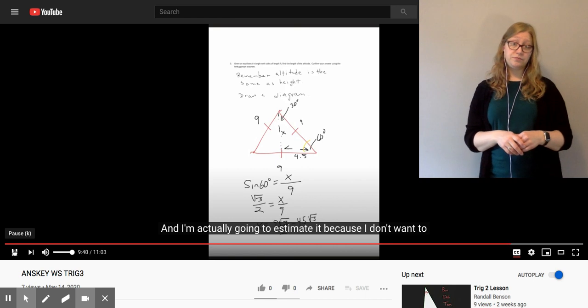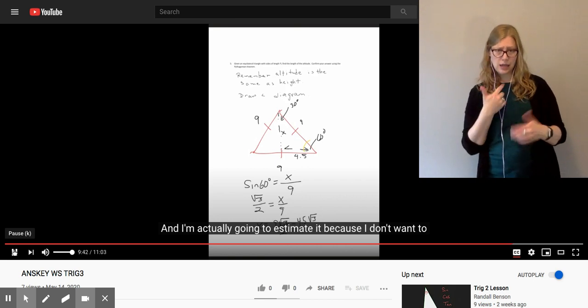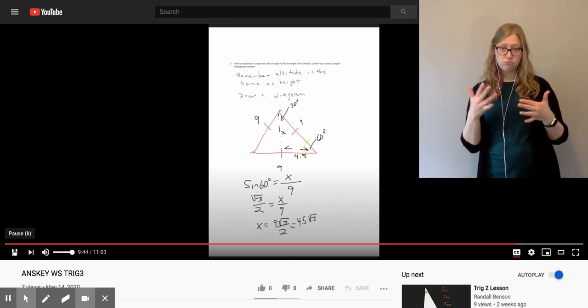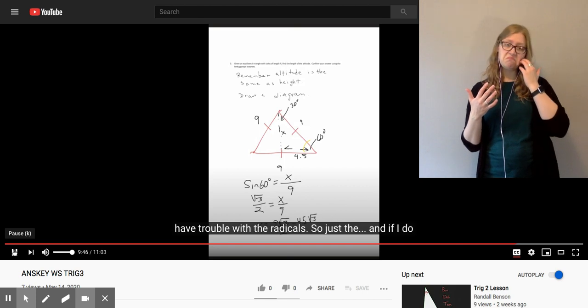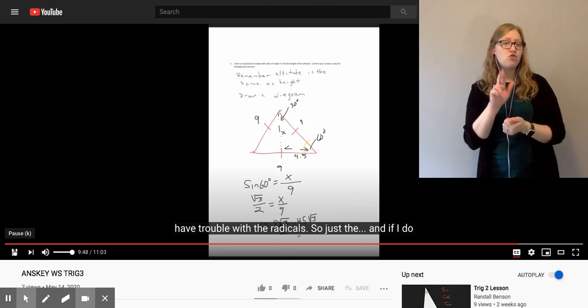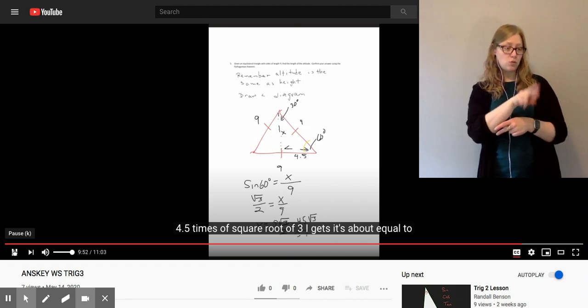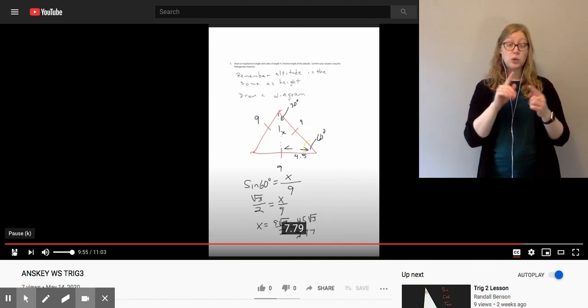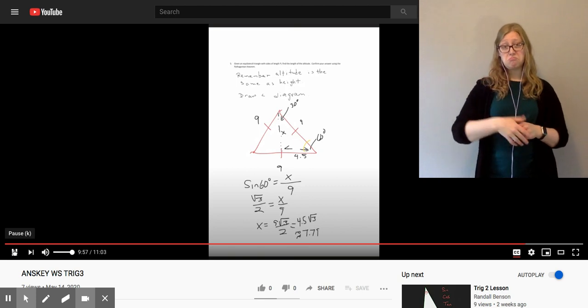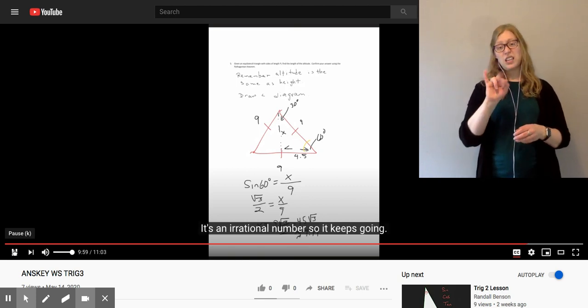And I'm actually going to estimate it because I don't want to have trouble with the radicals. So if I do 4.5 times the square root of 3, it's about equal to 7.79. It's an irrational number, so it keeps going.